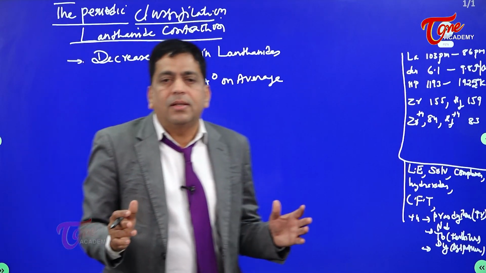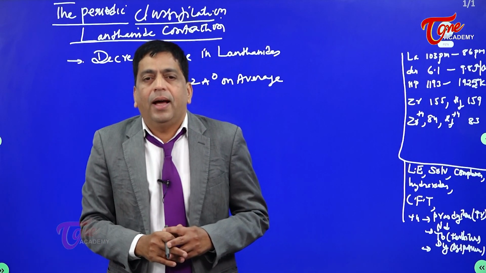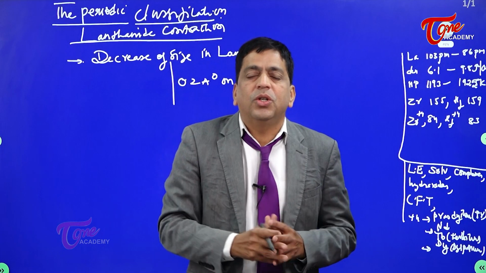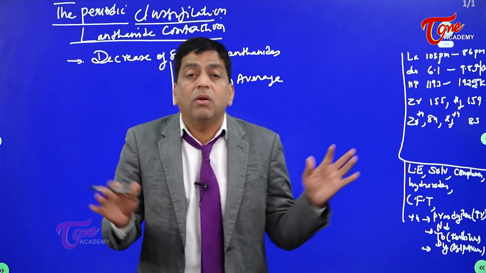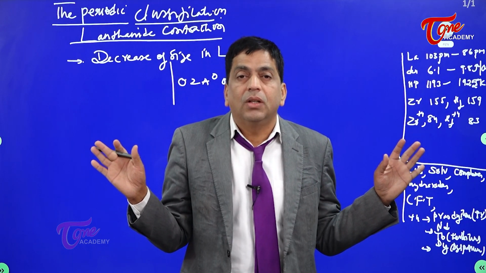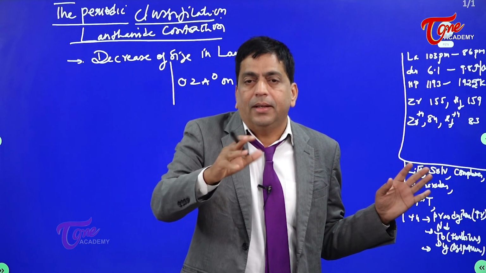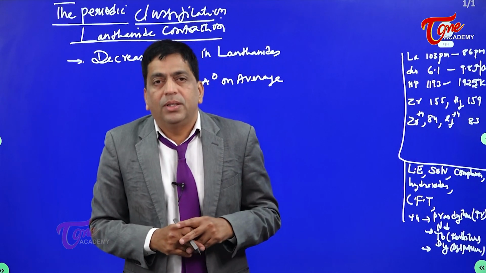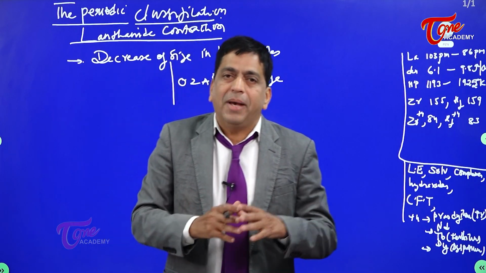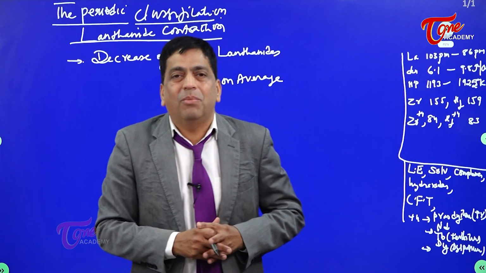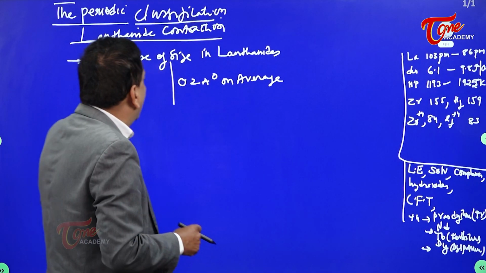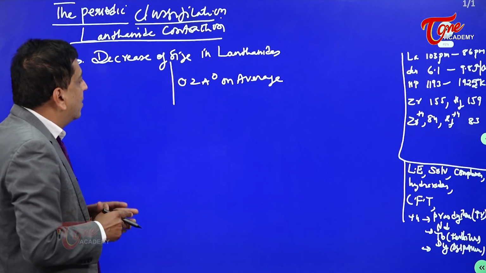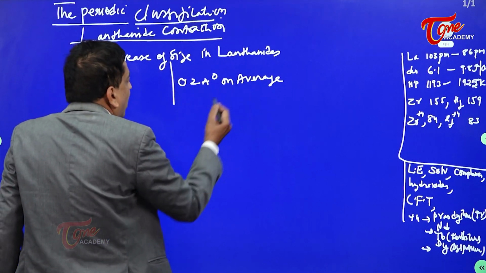There is a decrease in size in lanthanides, and the average is coming to around 0.2 angstroms, which cannot be discounted. I'll tell you the exact values, but remember this cannot be discounted because this has a bearing effect on n number of properties, whether physical or chemical. So there is a gradual decrease of size in lanthanides, around 0.2 angstroms on an average.